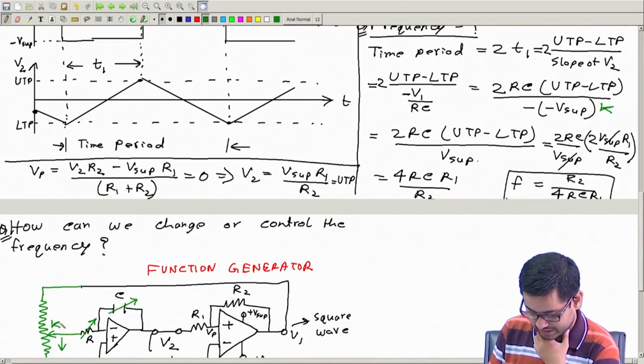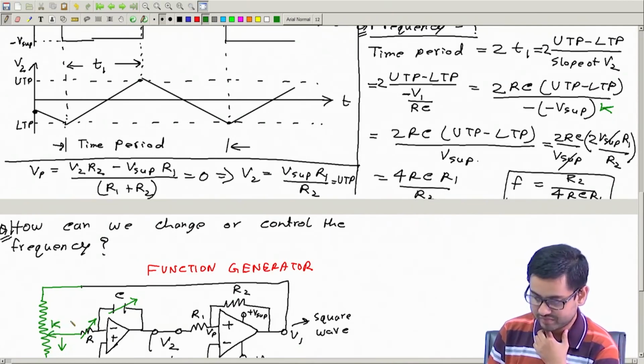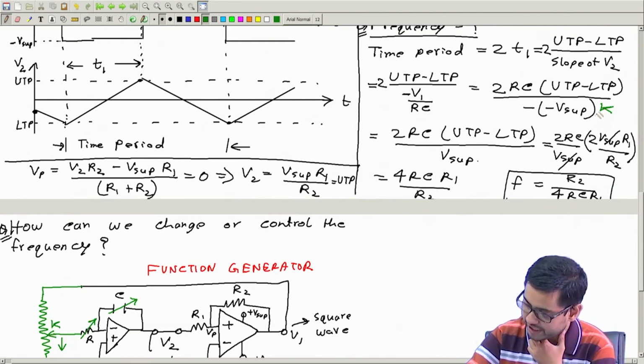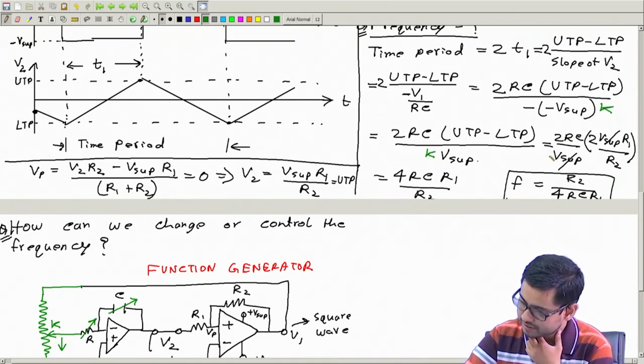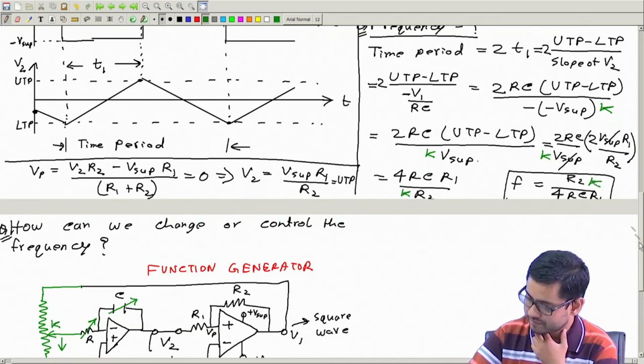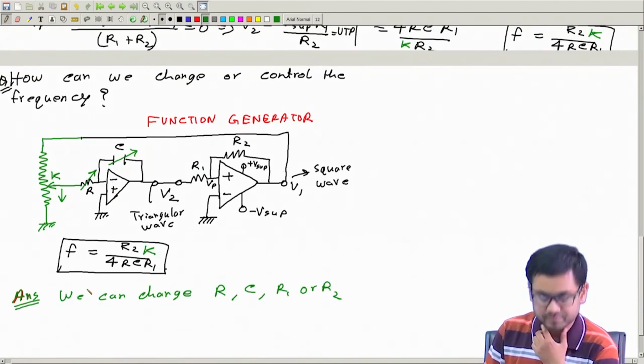This k is the fraction of this voltage which actually gets there. And therefore, this k will be everywhere here.